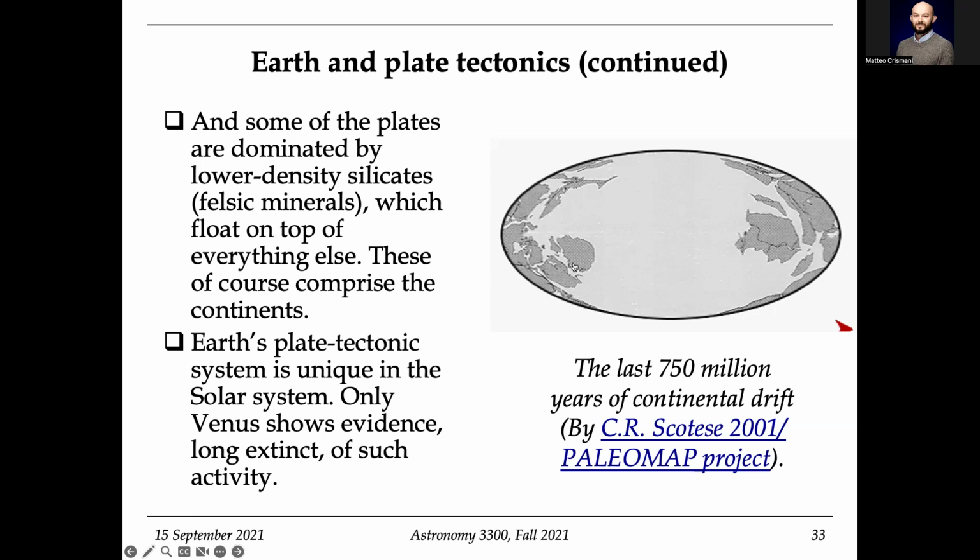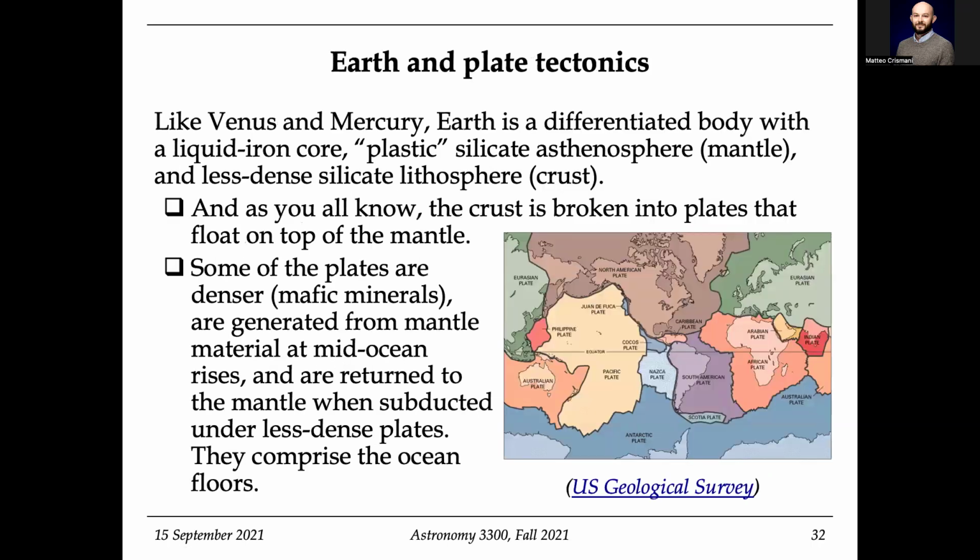The water should be above the ocean crust. Okay, good. Why is the water only found over the oceanic crust? Go back a second. Why is the water only found over oceanic crust?